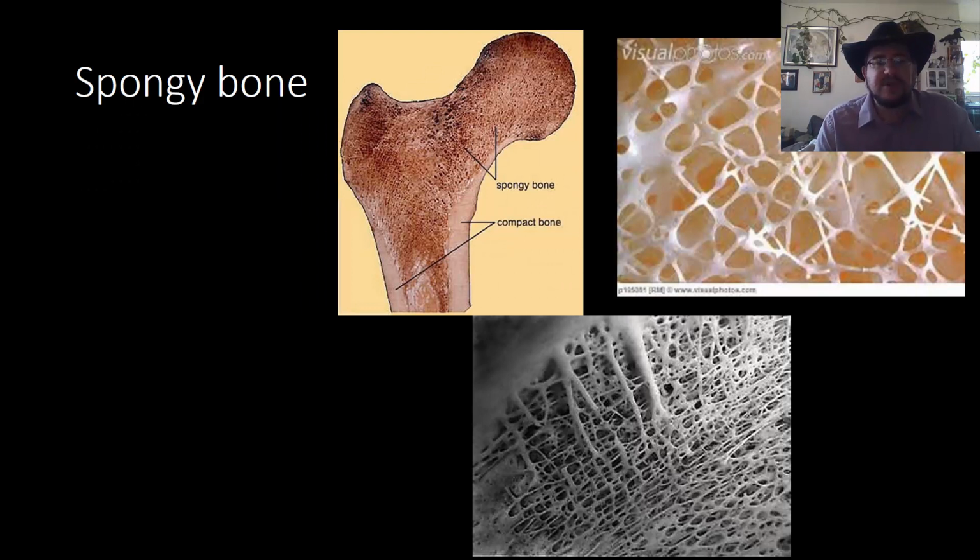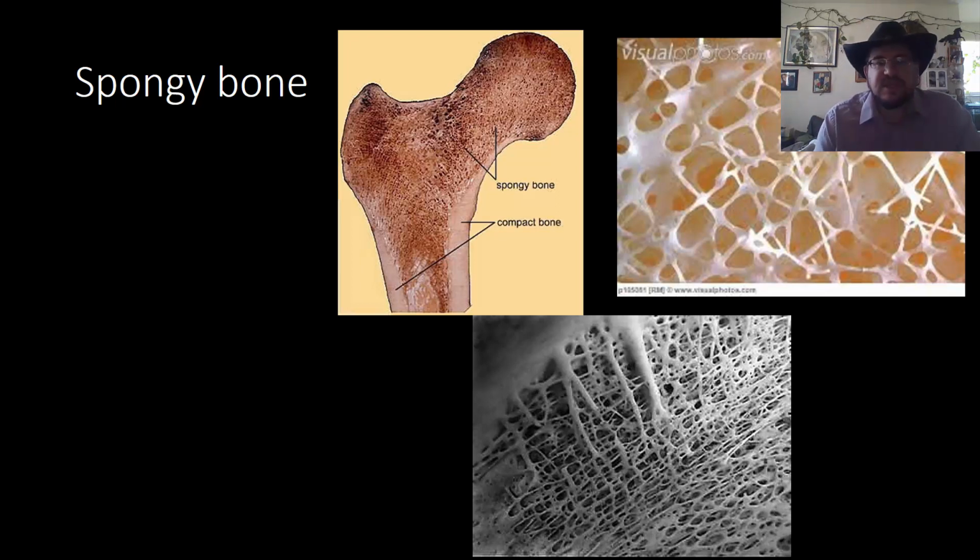Let's go into a little bit more detail with spongy bone. So, as I said, spongy bone is that irregularly shaped spurs and rods with lots of hollow spaces between. I talked about how it lines the center of long bones, and that's where you find the marrow, but you also find it anywhere where you have a lot of impact occurring.